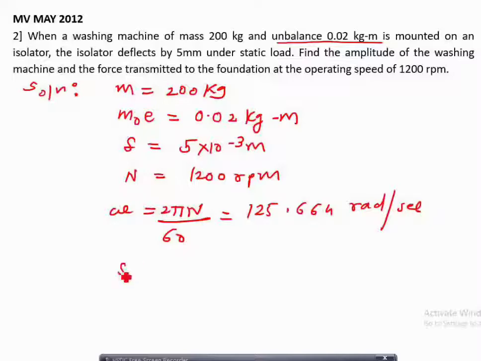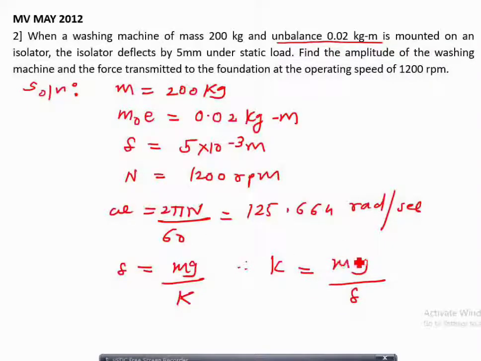Now we know that the static deflection δ is equal to mg upon k, right? From this equation, what will I get? I will get k is equal to mg upon δ.